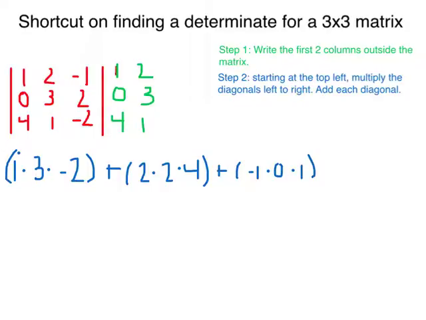So those would be all the diagonals left to right. And let's go ahead and simplify that. So I have negative 6 plus 4 times 4 is 16 plus 0. So that equals 10 here.